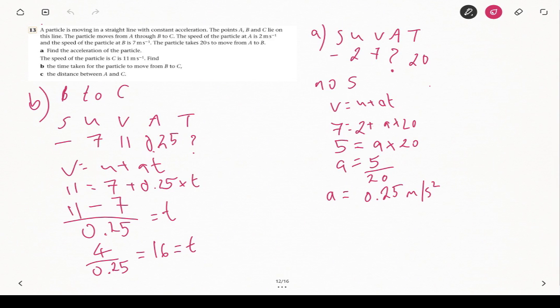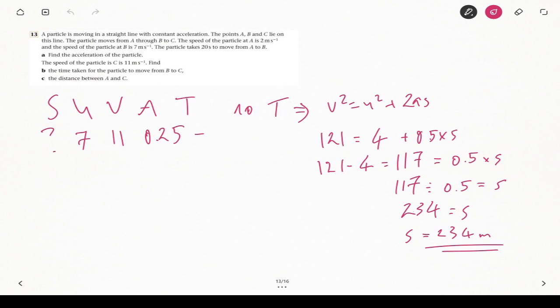In this case, I actually used my a from the previous part. That's quite a common technique, to carry a piece of information through and slowly build up through your question. So rearranging, I get that my time is 16 seconds. Not too hard.